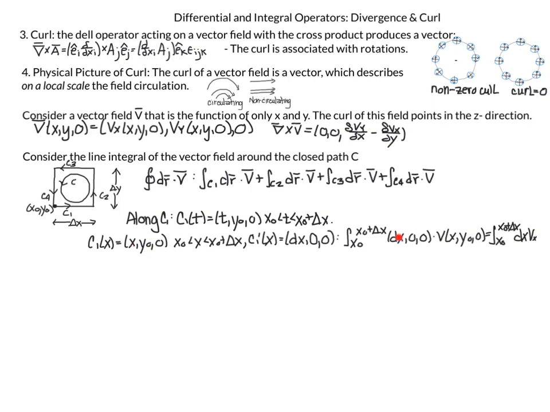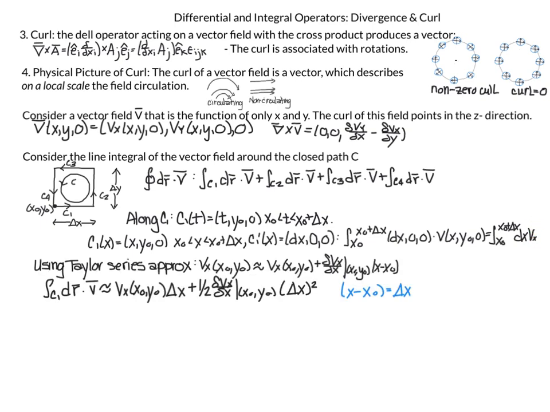When we do the dot product, we have our dx times our Vx, and 0 here, and 0 here. So what we have is the integral from x naught to x naught plus delta x of Vx dx. That is the x component of V.